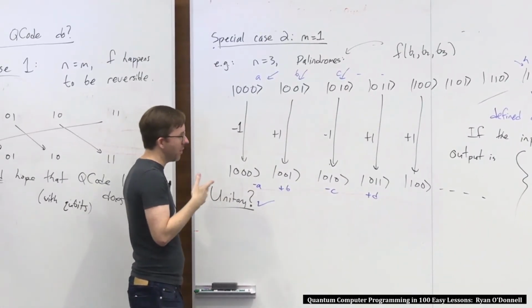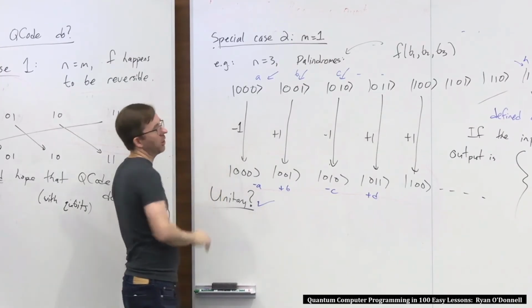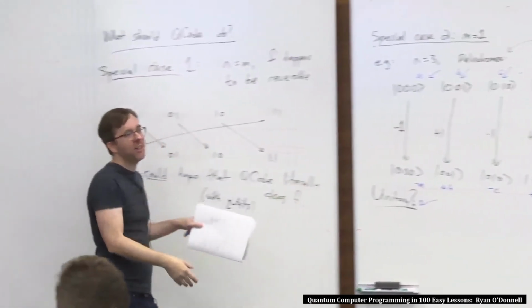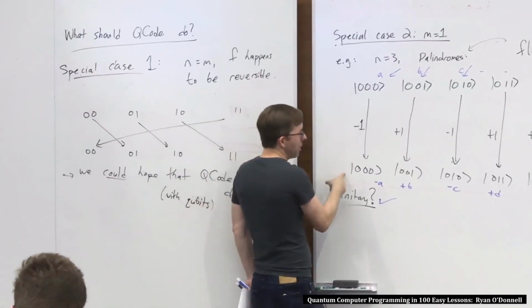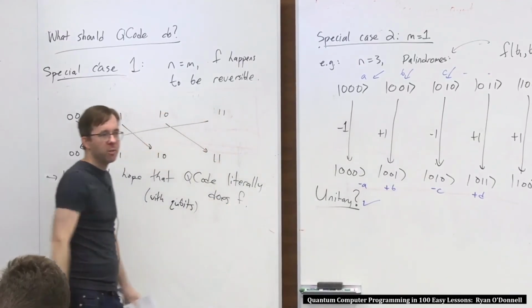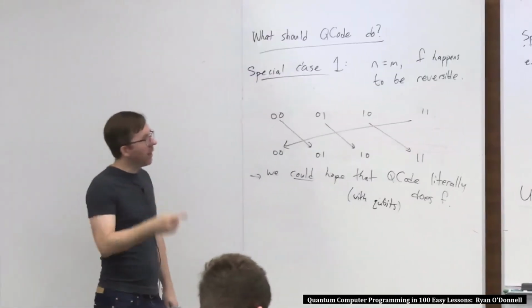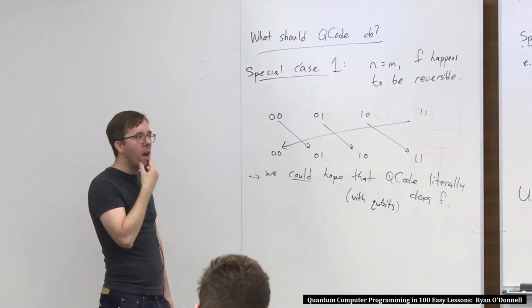Okay, maybe I've convinced you that we'll be able to write some quantum code that does this transformation. And even if n is 1,000, you can give it an input string, and it'll basically return the input string back to you, but with a sign, plus or minus, depending on whether that input string is a palindrome or not. Then you could ask, hey, will this be good for anything? Let me remind myself what was going on.